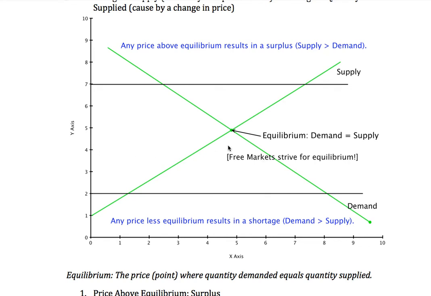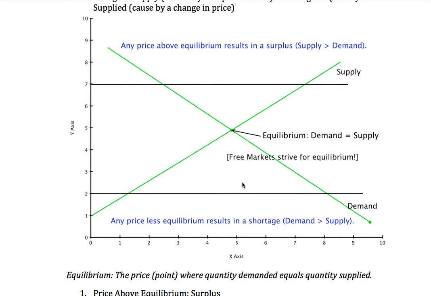So as we go out of equilibrium, we're talking about a surplus. From a producer standpoint, this is what's going to be supplied. What's my quantity supplied? Oh, my quantity supplied is 7.5. So supply is greater than demand. Once again, any price above equilibrium will be a surplus.